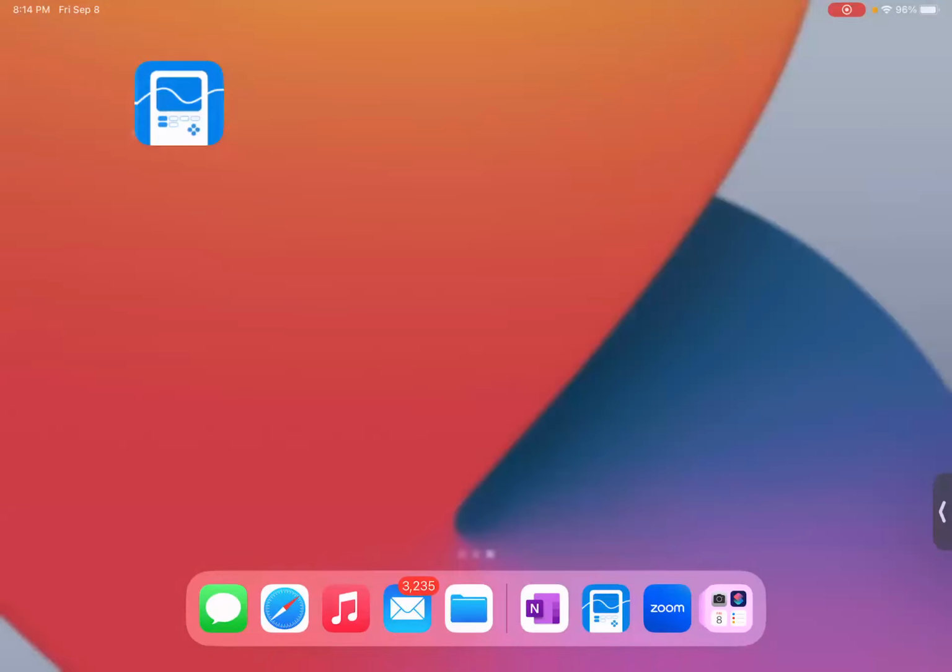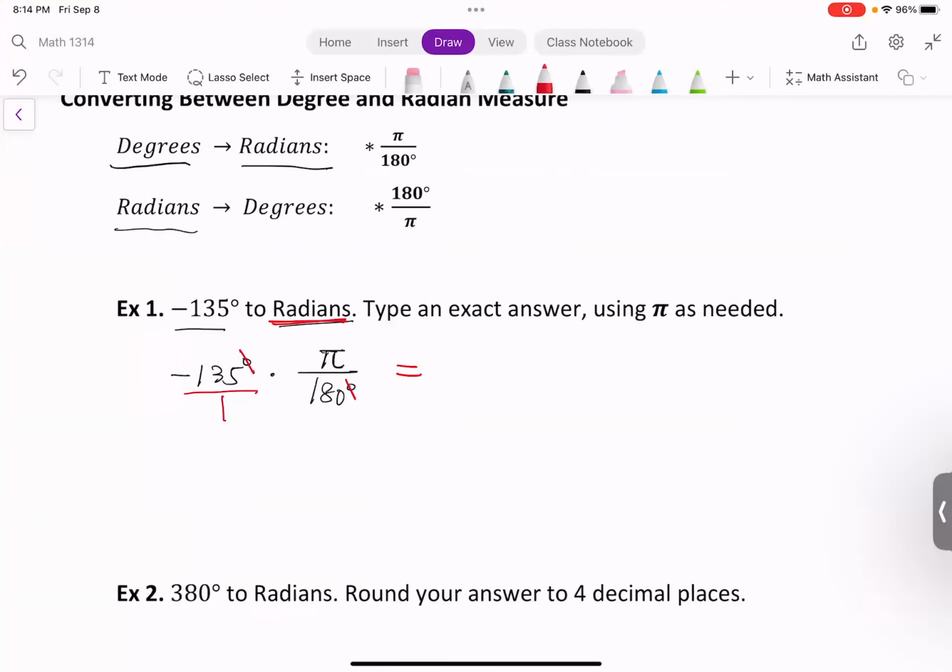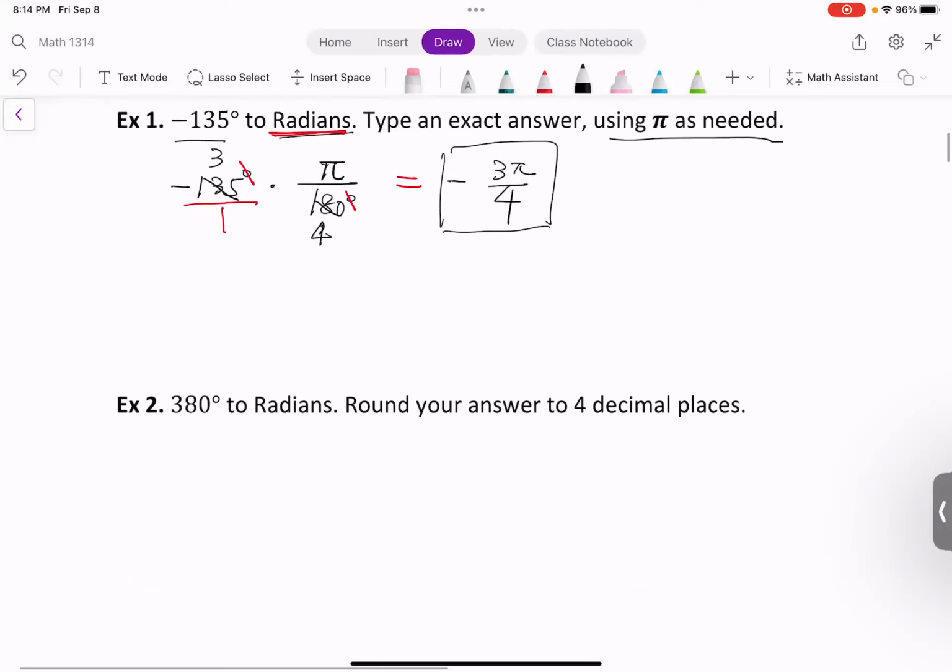So divided by 45, I have 3 over 4. I'm having negative 3 pi over 4. The question says to use pi as needed, so I don't need to find the decimals. All right, let's see the next example.